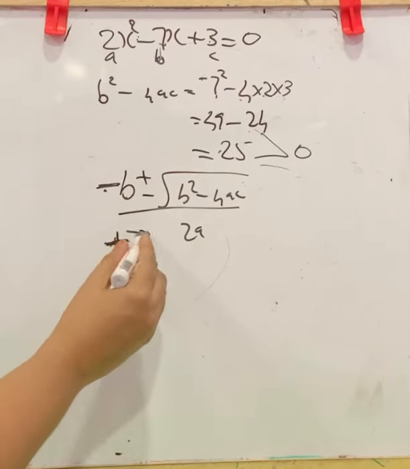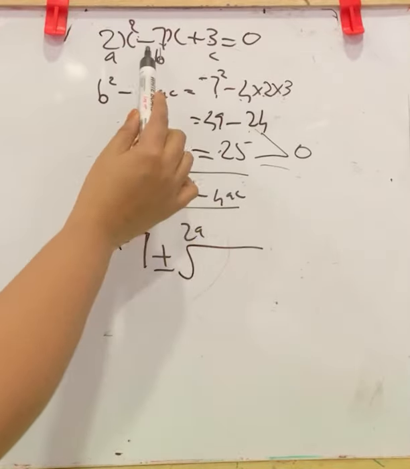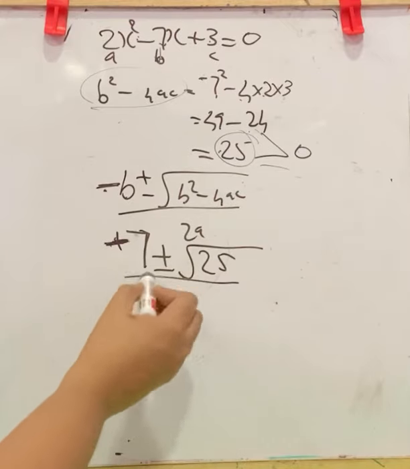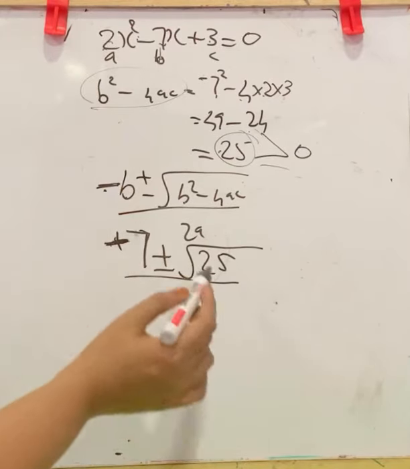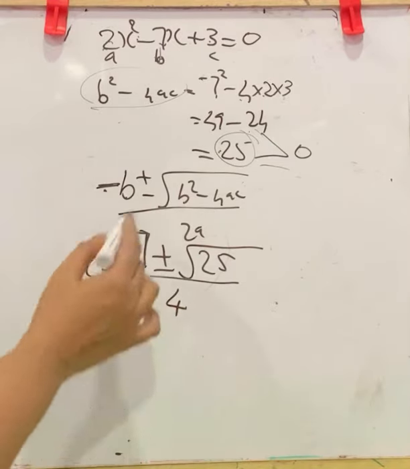So positive 7 plus or minus root of b square minus 4ac, which is 25, by 2 into a; 2 into a is 2, 2 2s are 4. So we can find x from this formula.